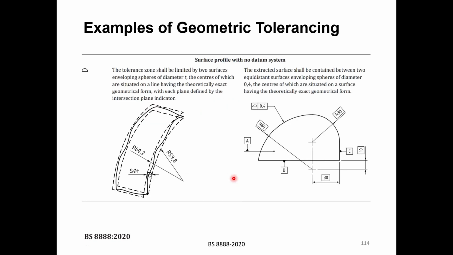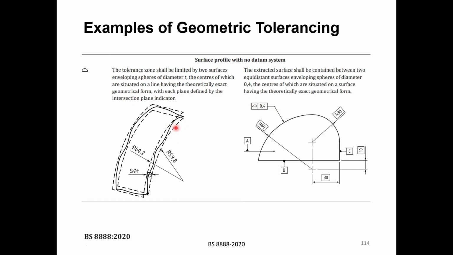Surface profile. In this case, we have a profile with no datum, which means this is the form tolerance. It says the surface profile should be within 0.4, but it does not define any datums within this feature control frame.